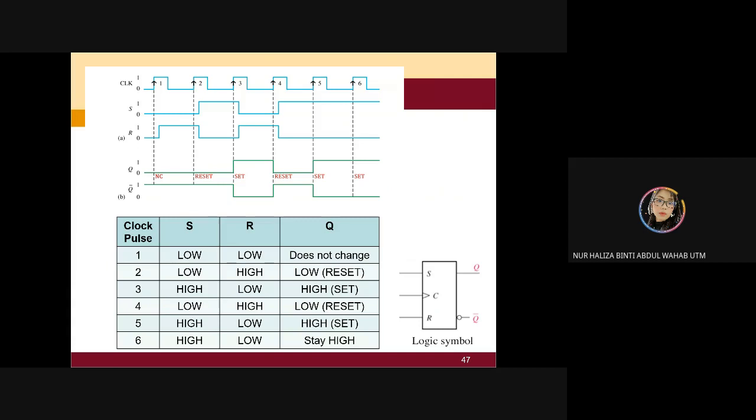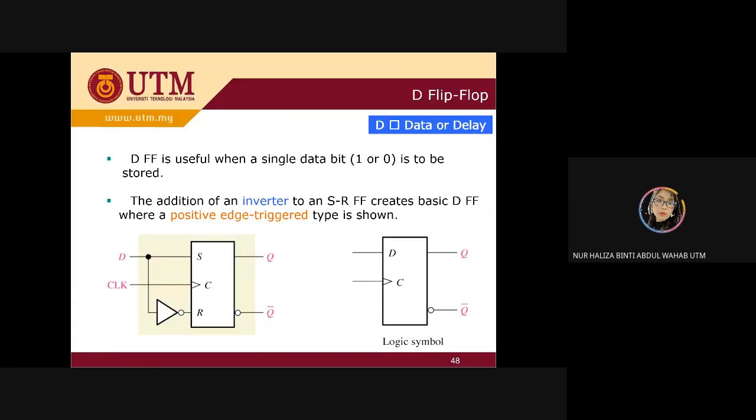Okay, this one is a similar thing, where you convert from your diagram to your table. And we move to our D flip-flop. Just now was our SR flip-flop. Similar, you can see D, but your EN is now the clock.